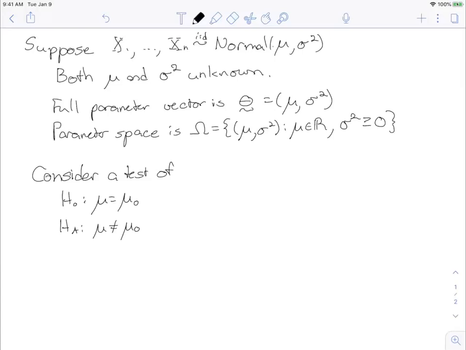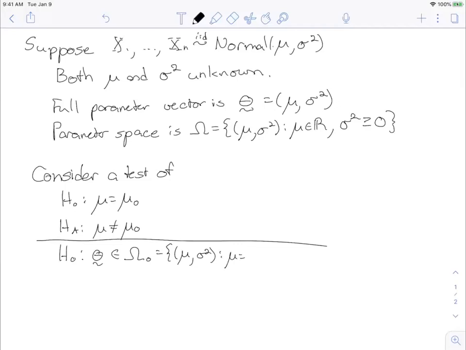So to be more formal about this, I might write these hypotheses another way: the null hypothesis is that theta, the vector which has both mu and sigma squared in it, is an element of a restricted parameter space, omega 0. And this is the set of values for mu and sigma squared where I'm placing a restriction so that mu is equal to mu0, and sigma squared can still be anything that's positive.